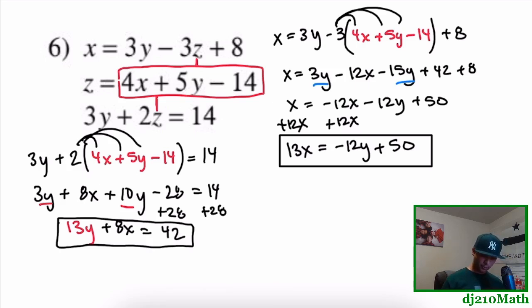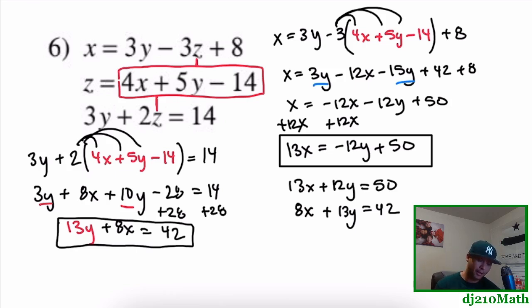I'm going to get all the x's and y's on the same side. So 13x plus 12y is equal to 50. I rewrote the black box. Then I'm switching them around to 8x plus 13y is equal to 42. Okay, this isn't better either. I'm still multiplying by 13. So really, do I want to substitute and run into fractions?